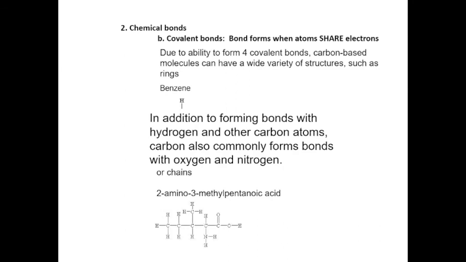Oxygen and nitrogen. Why is that important? Anyone know? Yes, Anna. Organisms are carbon-based, so that it holds together. Okay, so it's able to form these bonds with lots of different elements.